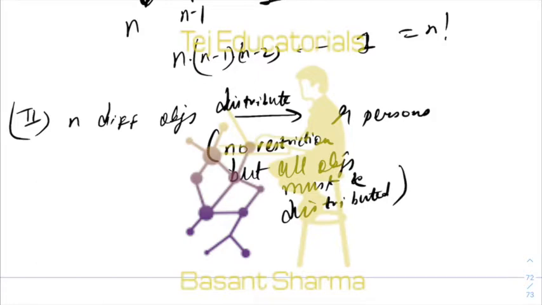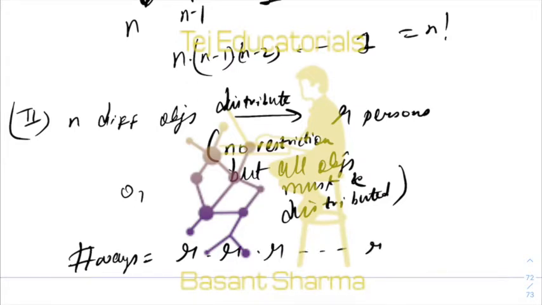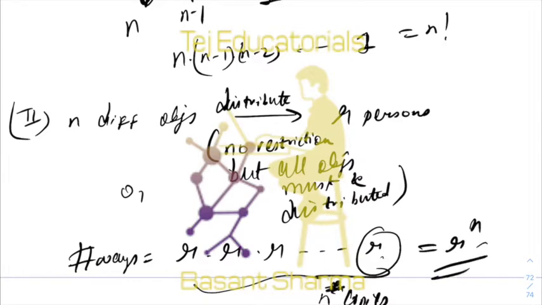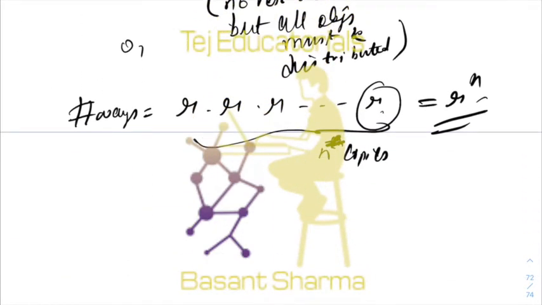So the number of ways would be, for the first object O1, R options, right? Out of the R persons, it can go to any one person. Similarly, the second object will have R choices, the third object will have R choices, and so on till the nth object, n copies. So R to the power n.